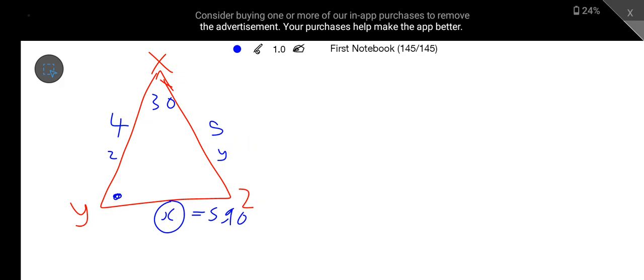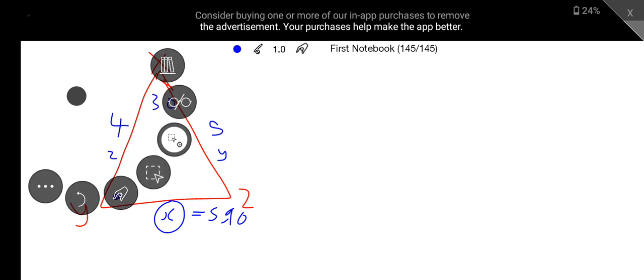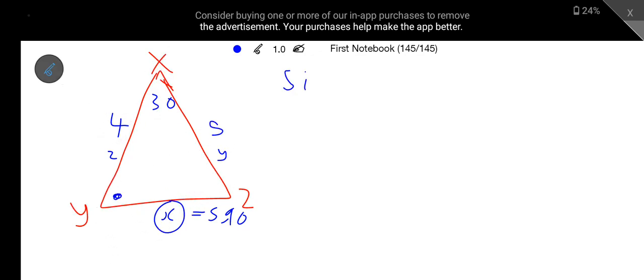So what are we given? We are given the side x and we are given the angle X. So this means that we can say that sine X over x, because we're looking for y, is equal to sine Y over y.